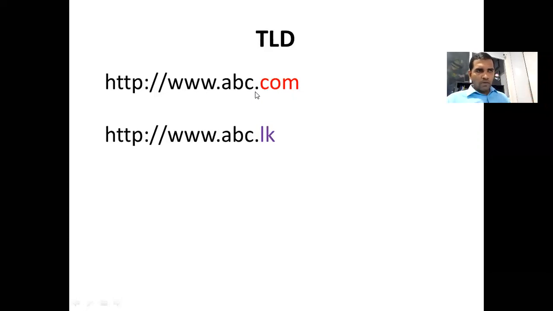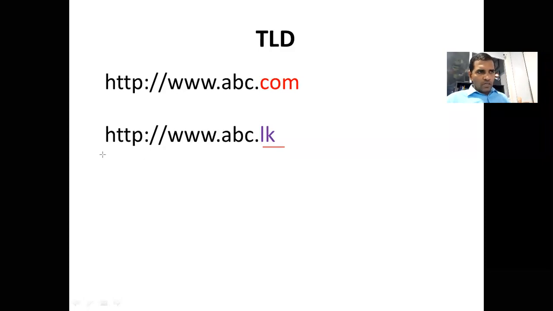Look at the second one, right? abc.lk. So what is the top level domain name here? It is LK, right? So now, whenever we see this URL, we identify it as a country TLD, country top level domain name, because it shows that it is registered in Sri Lanka, because LK belongs to Sri Lanka.